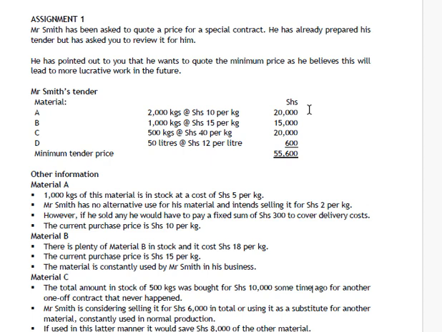How many kilograms do we need for material B? We need 1,000 kilograms of this material. So their relevant cost is their current purchase price of shillings 15 per kilogram.